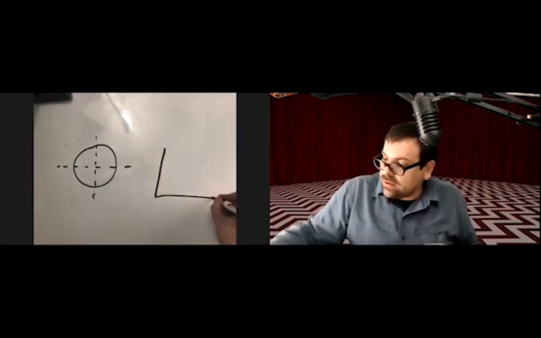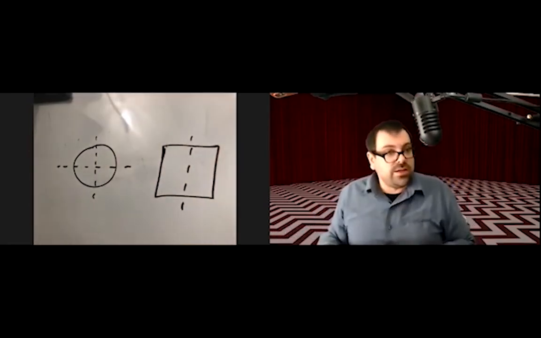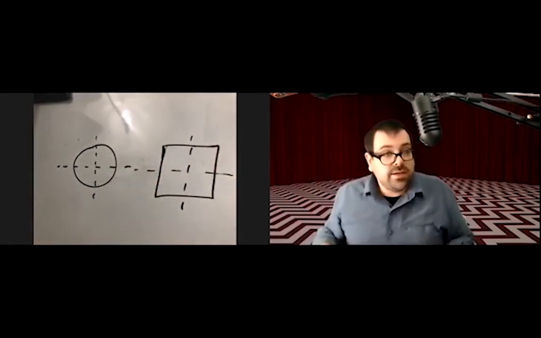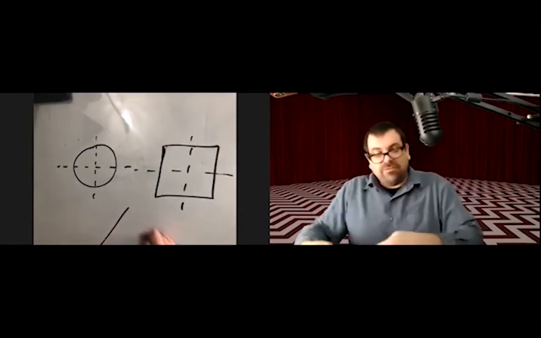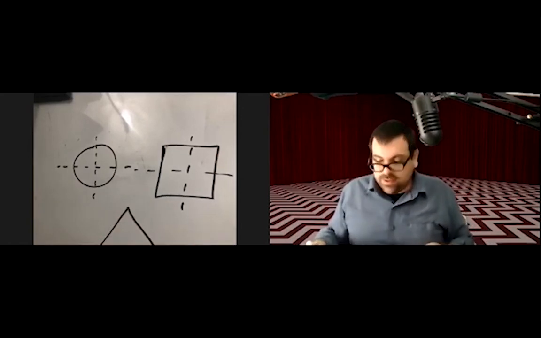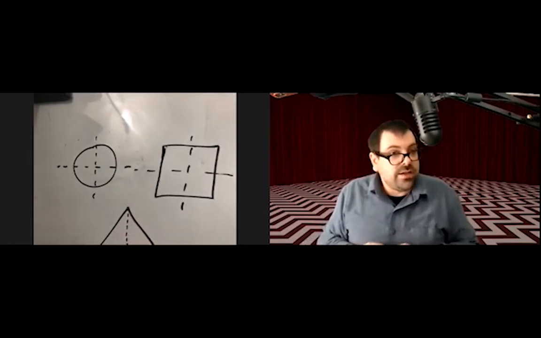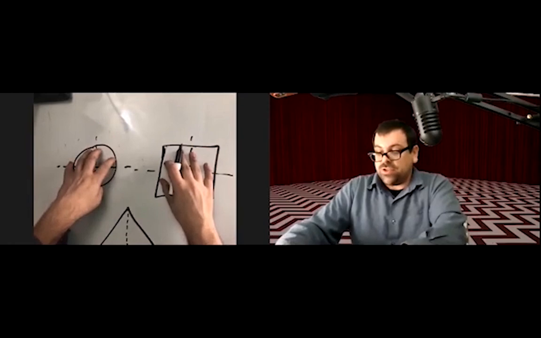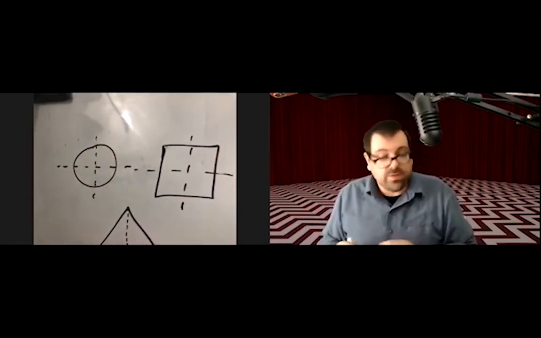Or a square, I can fold it vertically, I can fold it horizontally. Or a triangle. I can't fold that horizontally, but I can fold it vertically. This has vertical and horizontal symmetry as shapes. This one only has vertical symmetry, like the heart.